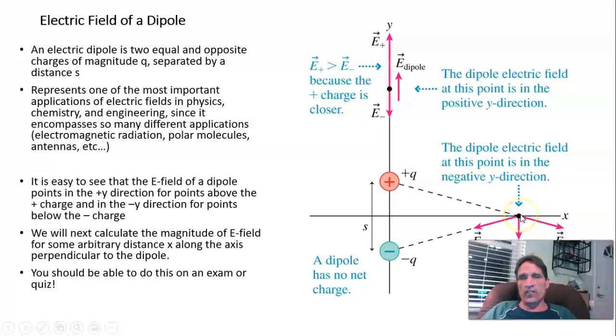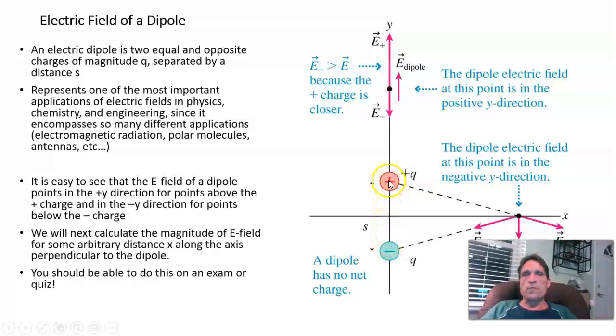Ultimately we're going to calculate what the field is along some axis perpendicular to the dipole, the x-axis. But first let's start easier. What's the field like along the axis? Suppose that we stick our little probe charge at the origin. Well, the positive probe charge will be attracted to this negative charge, so that field would be downward.